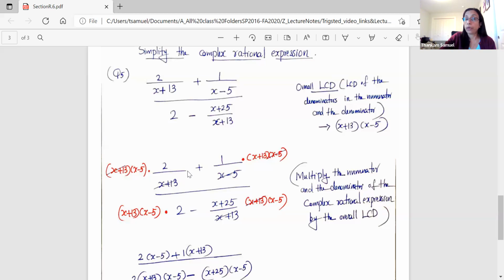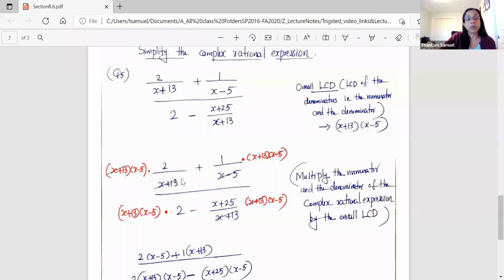Make sure you write this overall LCD in the numerator part of each expression. Remember that here we are going to eliminate the denominators.